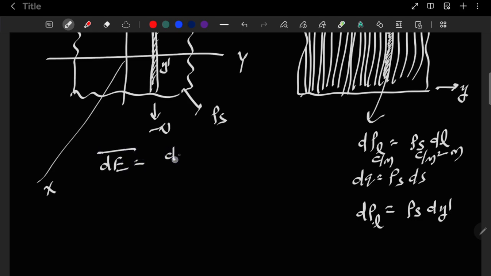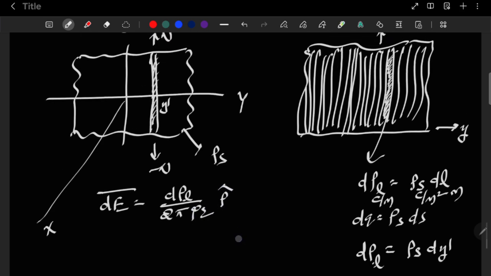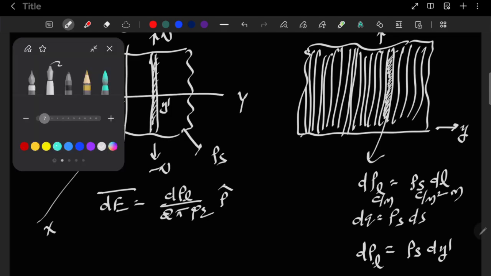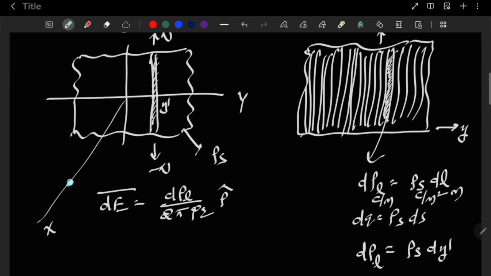So dE bar is equal to d rho L by 2 pi rho epsilon into rho cap. Now what is that rho? The perpendicular distance. And what is the rho cap? The unit vector in the direction towards the observation point. This is your observation point. We are solving with respect to the Cartesian coordinate system, x comma 0 comma 0.